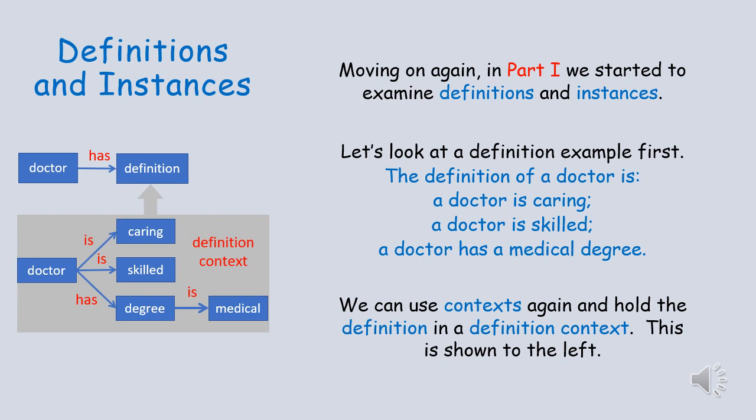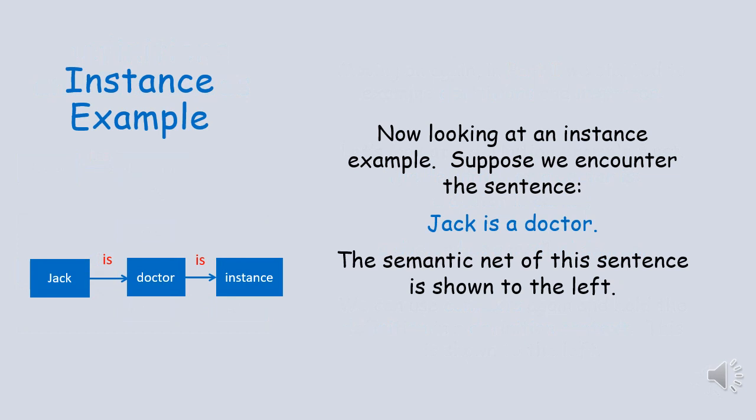This is shown to the left. Now, looking at an instance example, suppose we encounter the sentence, "Jack is a doctor". The semantic net of this sentence is shown in the figure to the left.